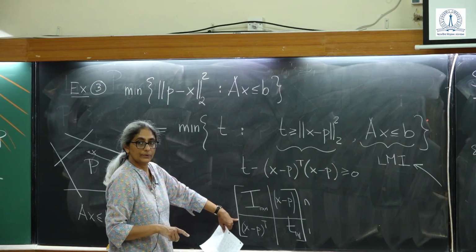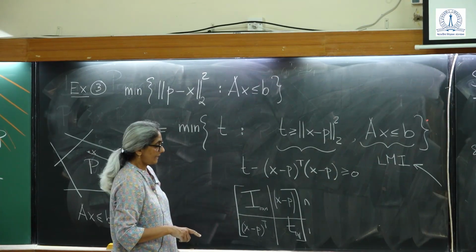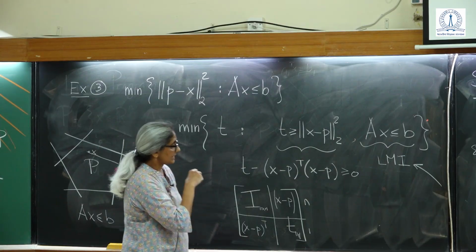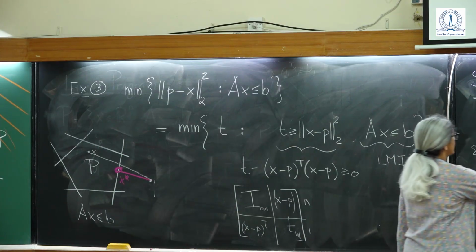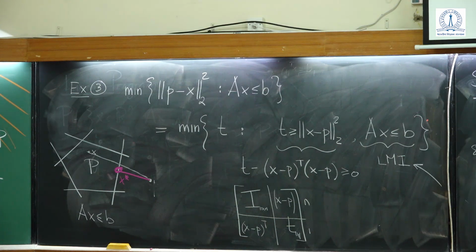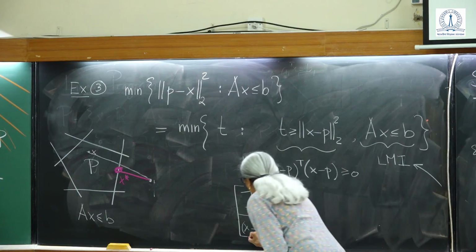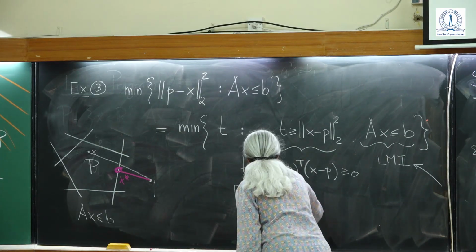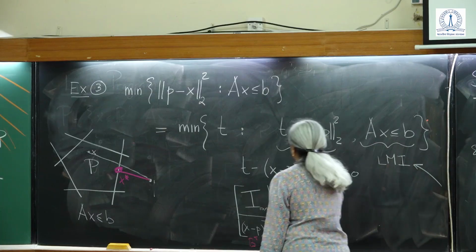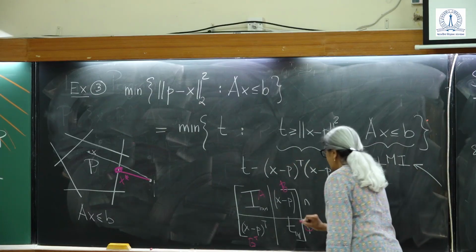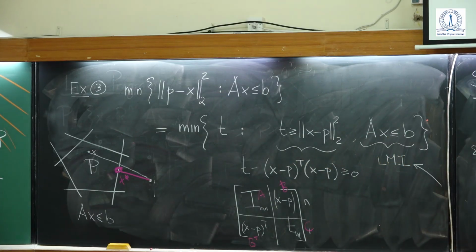But when you multiply, you take B transpose A inverse B, right? So this is C, and C is like our T. No, (X minus P) transpose is already B transpose. So remember, this is like our B transpose, this is like our B, and that is like our A, and this is like our C. Works out?